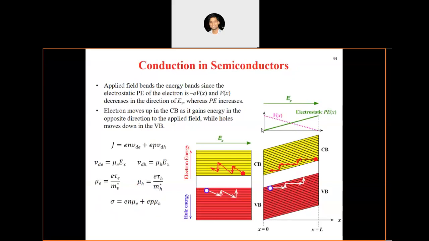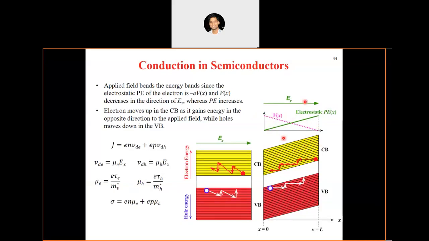Let me see. The question is: at x equal to 0, Vx is higher than at x equal to L, so why does the valence band have higher energy at x equal to L? See this plot which you are seeing here, that is actually drawn for electrons, and electrons are in the conduction band.